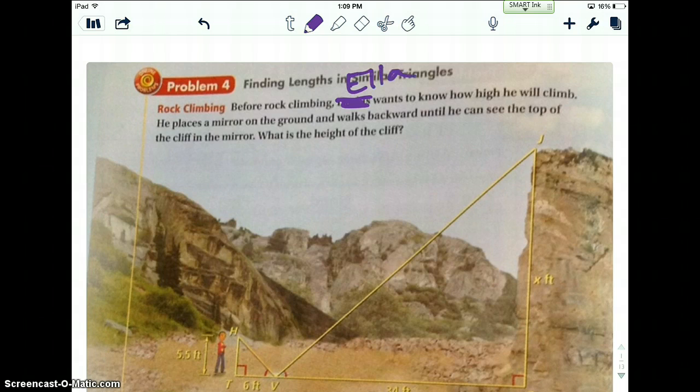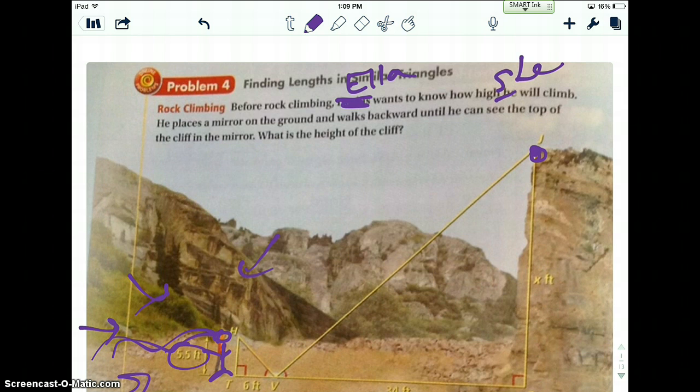Before rock climbing, Ella, there she is. Are you 5.5 feet, Ella? We'll hope. Okay, there she is with her long hair. Ella wants to know how high she will climb, and she wants to climb way up there. Man, Ella, you should have other people out there watching you.